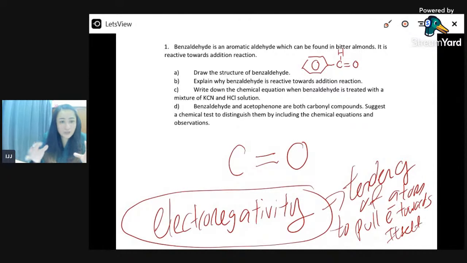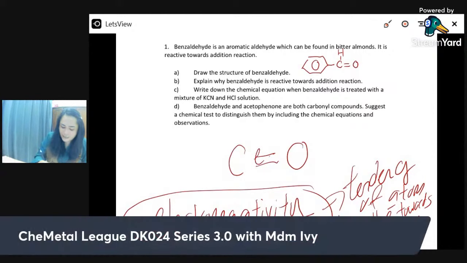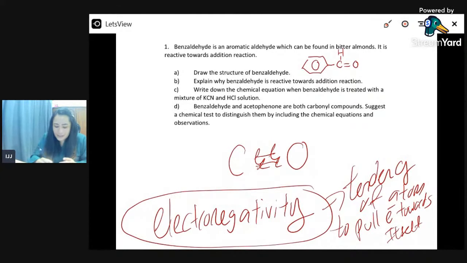Electronegativity ialah tendency of the atom to tarik electron more towards itself. So walaupun dia share electron, elektron tu lebih dekat dengan oksigen. They share electron, yes, but the electron cloud is more towards oxygen.